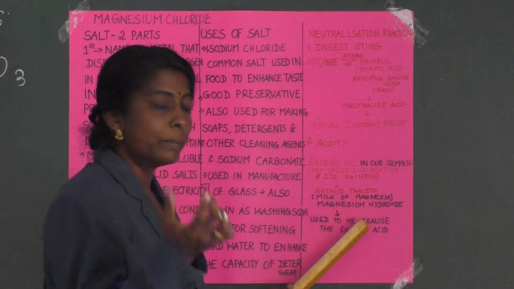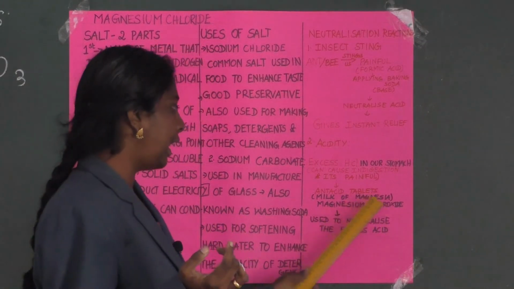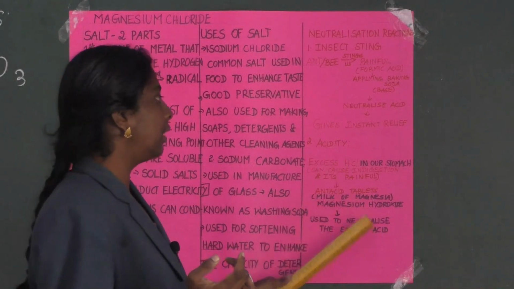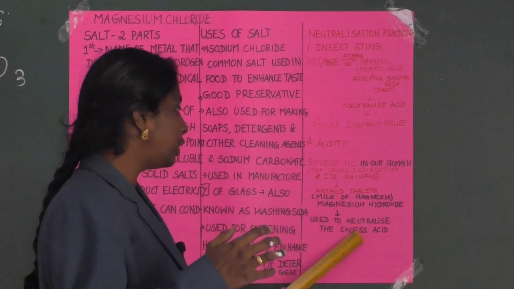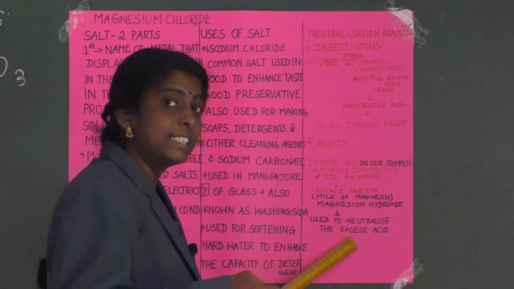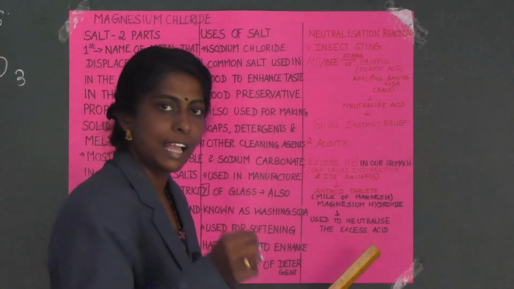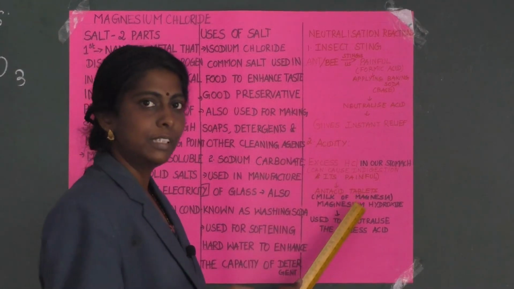The chemical component is magnesium hydroxide. Taking this neutralizes the excess acid. This is the second point, acidity. Clear, children?